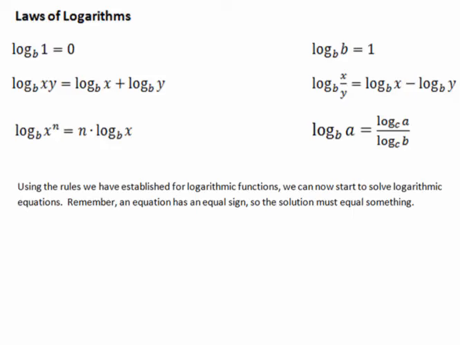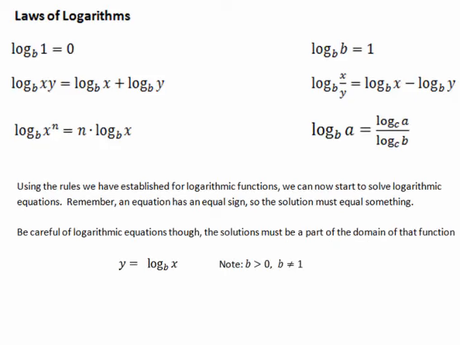And remember, anytime we have an equation, we have an equal sign, so the solution is going to equal something. We're often going to find x equals some value, some unknown solution for a variable. But the thing we always have to remember with logarithms is there's a certain domain of the function.